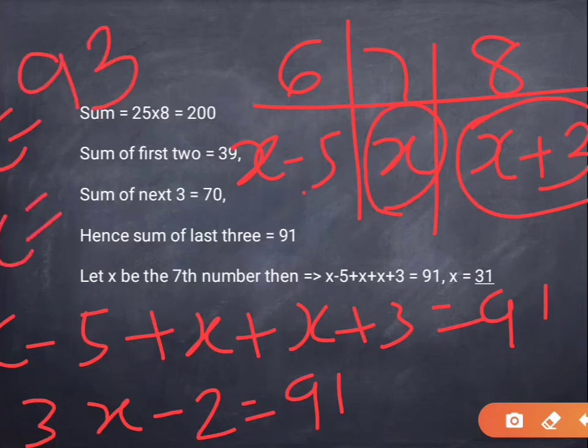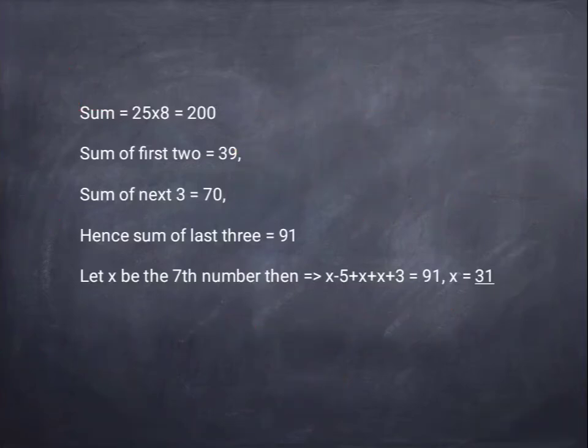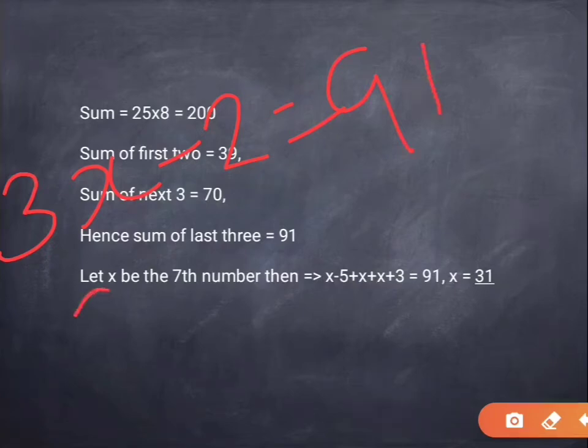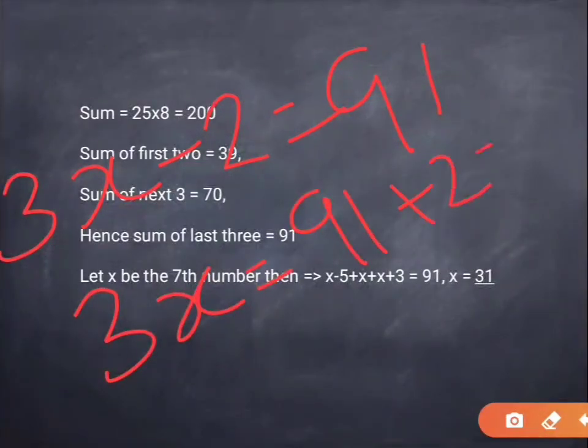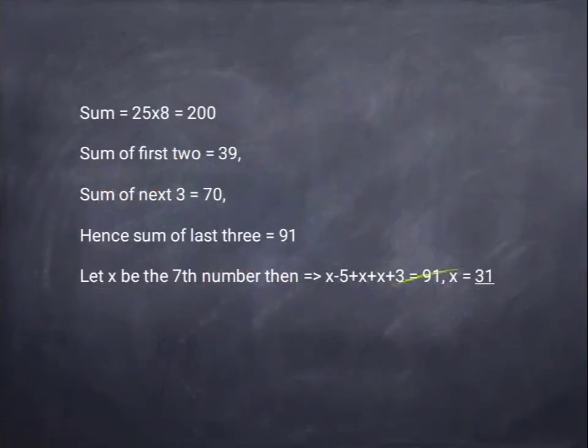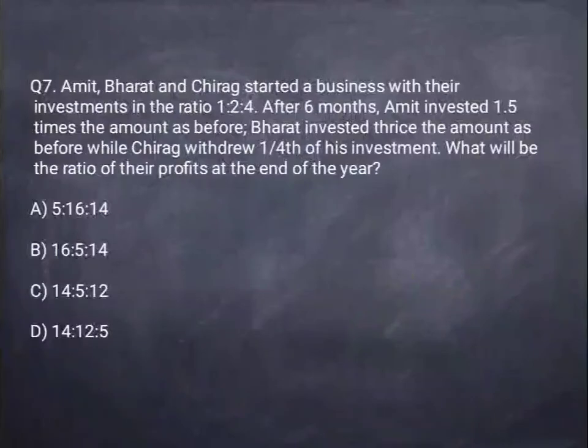X is equal to 93 divided by 3, which is 31. So let's go to the next question.